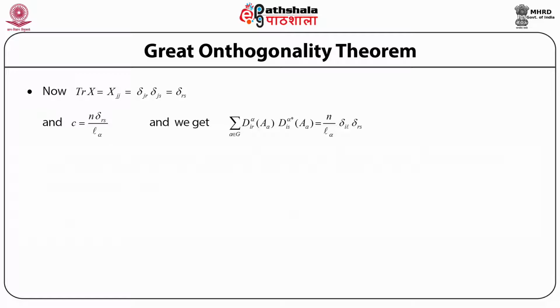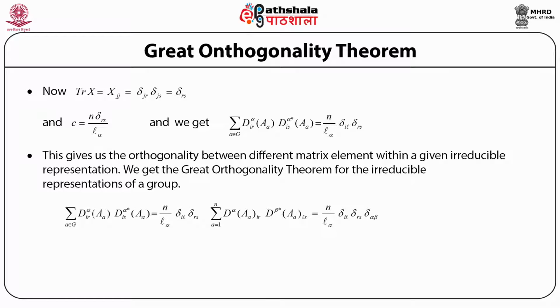We therefore get the summation over all group elements belonging to the group G of the product of the matrix components D alpha ir(A) into D alpha star is(A), which is equal to n divided by L alpha delta il delta rs.